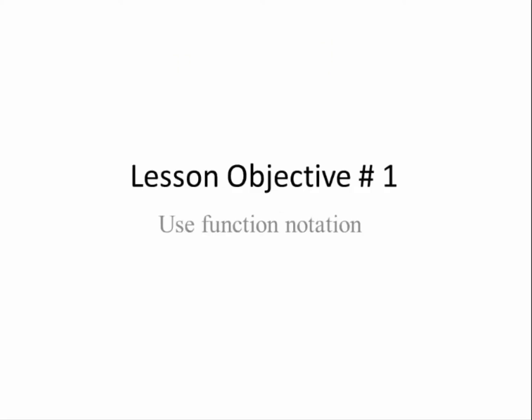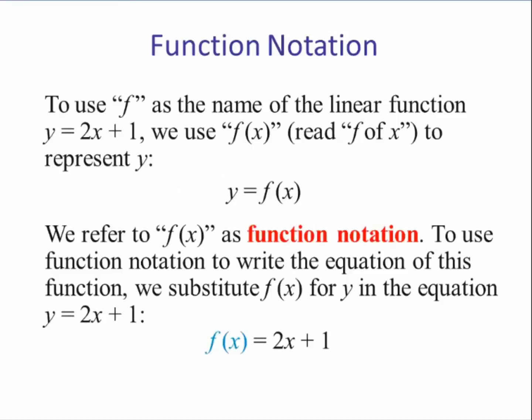Lesson objective: function notation. To use f as a name of a linear function, y equals 2x plus 1, we use f of x to represent y. We refer to f of x as function notation.